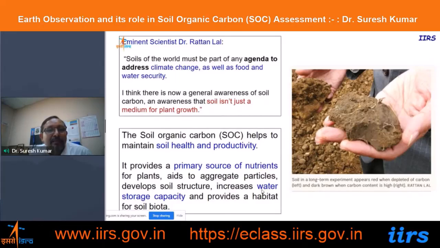If soil is deficient in carbon, their microbial populations will be minimal, and that's why our nutrient cycles will be severely affected, and the nutrients to the plants will be affected, and therefore our food, grains, or whatever products we take from the soil or agriculture will be of poor quality.